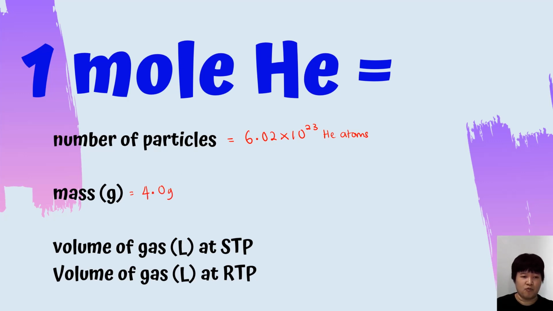So when I have 1 mole of helium, it's actually 4 grams of helium. For the volume of gas at STP, when I have 1 mole of helium gas at STP, I have 22.4 liters. And when I have 1 mole of gas at RTP, I have 24 liters.